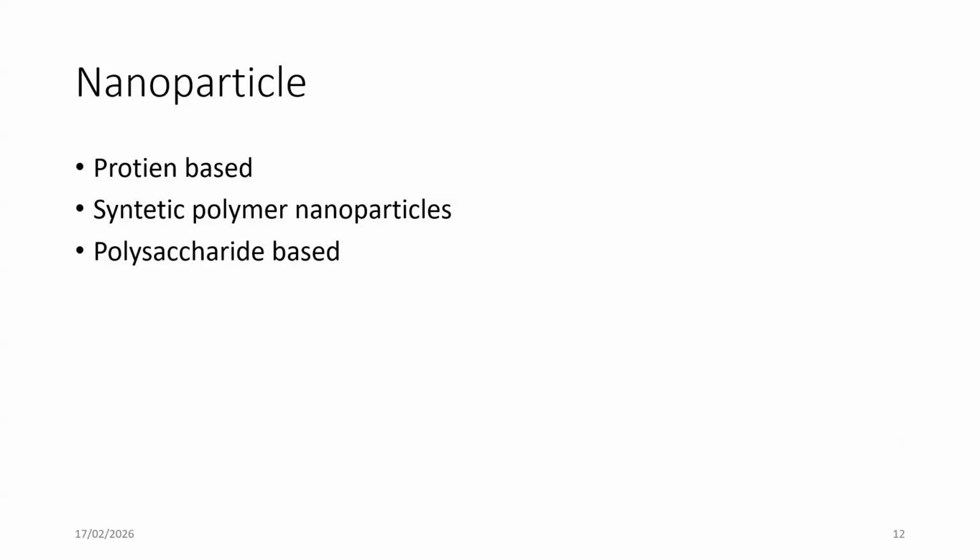Polysaccharides or glycosaminoglycans, GAGs, are present all around. These are molecules, and one of the very common things where you can find polysaccharide is in the exoskeleton of a shrimp or crab. This is made up of a material called chitin.